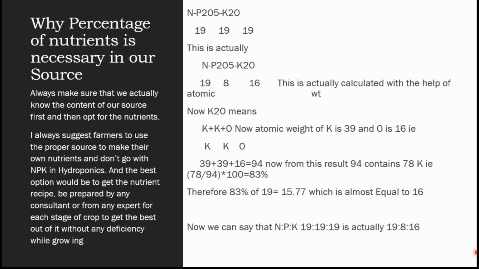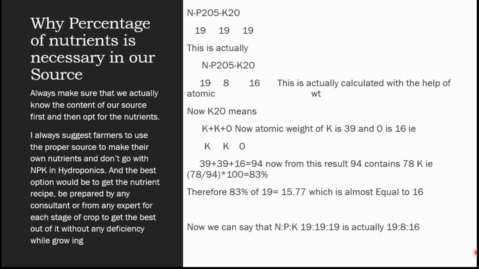So always make sure that we actually know the content of our source first and then opt for the nutrients. I always suggest farmers to use the proper source to make their own nutrients and don't go with NPK in hydroponics.